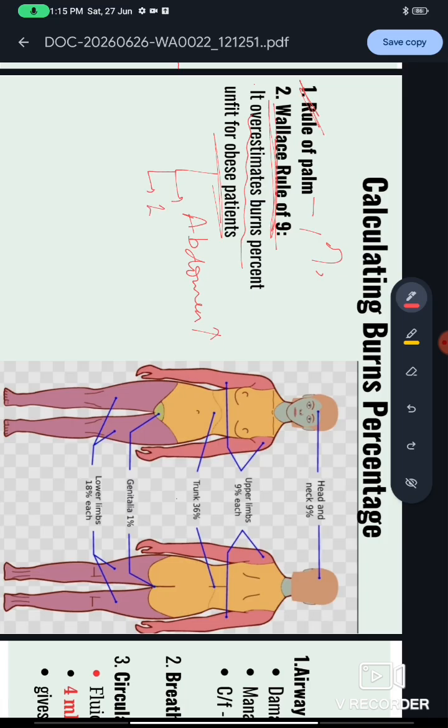The area of the limbs will be less than what is given here. So what this rule of 9 says is that head and neck together, front and back, accounts for 9%. Upper limbs is 9% each, that is total 18.